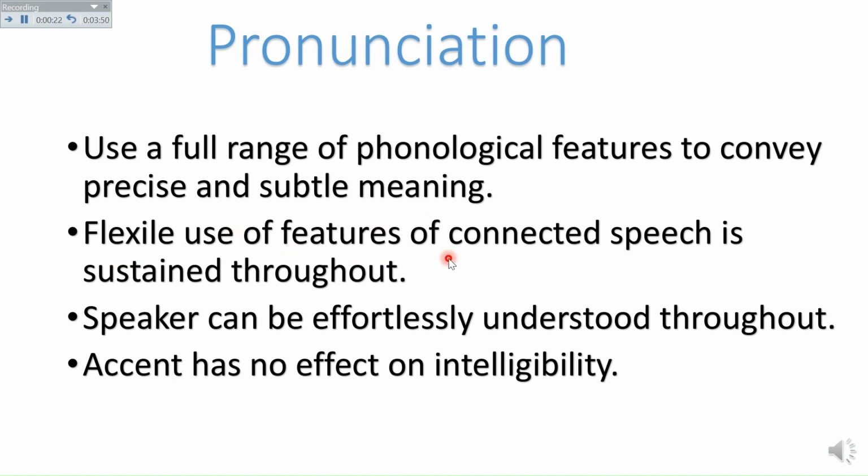Flexible use of features of connected speech is sustained throughout. Sustained means maintained. The speaker can be effortlessly understood throughout, like we have no problem understanding the speaker. Accent has no effect on intelligibility. Intelligibility means understandability, right? Your accent should not affect the listener's ability to understand you.